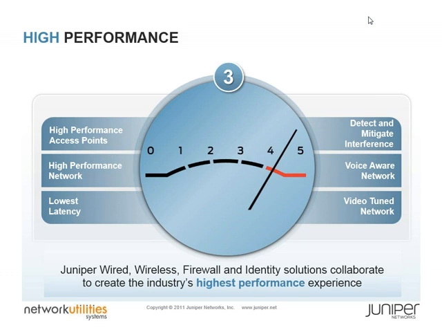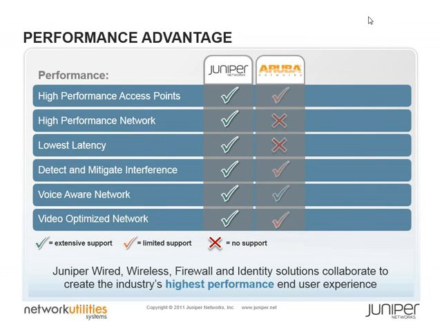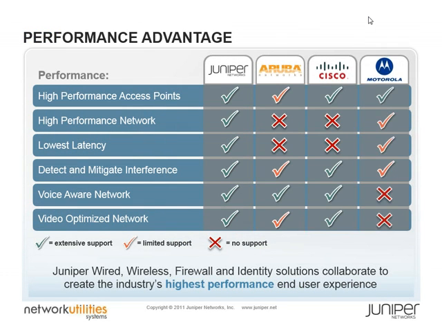So this results in Juniper being able to provide you the high performance that is essentially demanded by users from your network today. And if we compare, on the next slide, the performance advantage of Juniper in comparison to other big vendors in the market, Aruba, Cisco, and Motorola, you'll see a bunch of the things that we've talked about already with ticks for Juniper and a few ticks for the other providers.